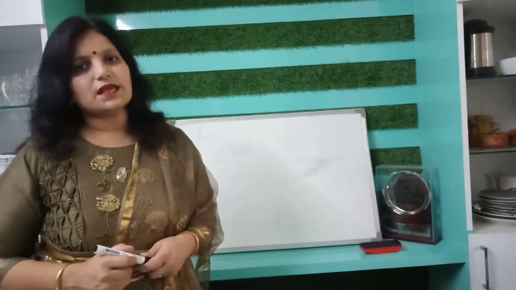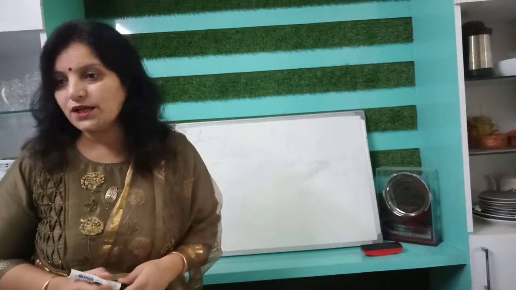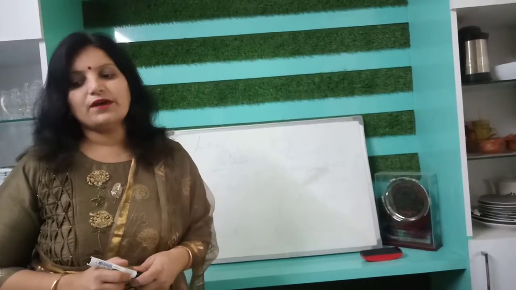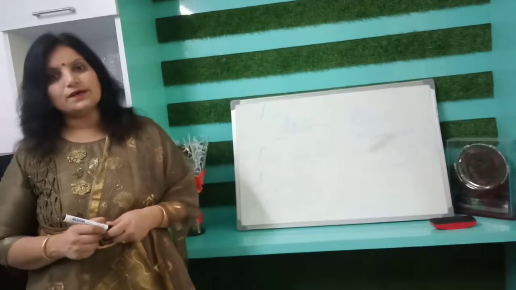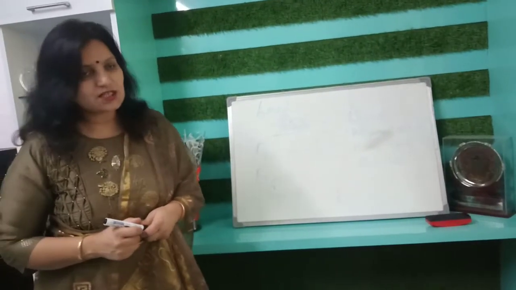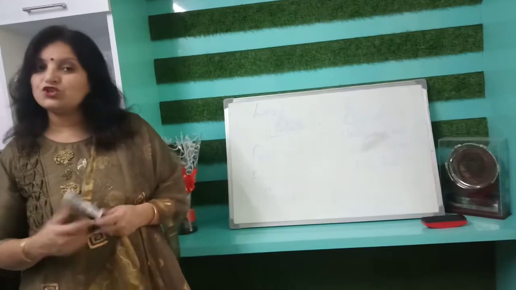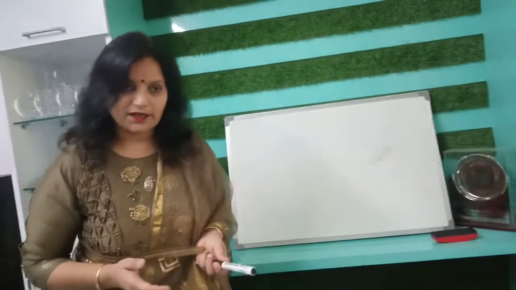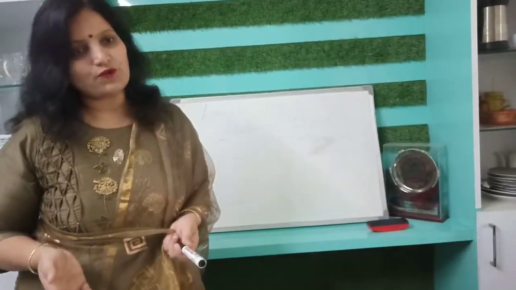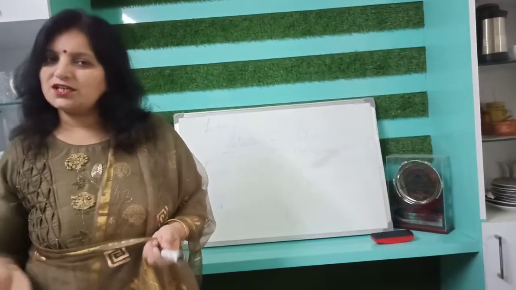Can you give me some examples of leaves, students? Spinach. Yes. Any other leaves which you eat? Mint. Mint is used for making chutney. Dhania is also used for making delicious chutney.